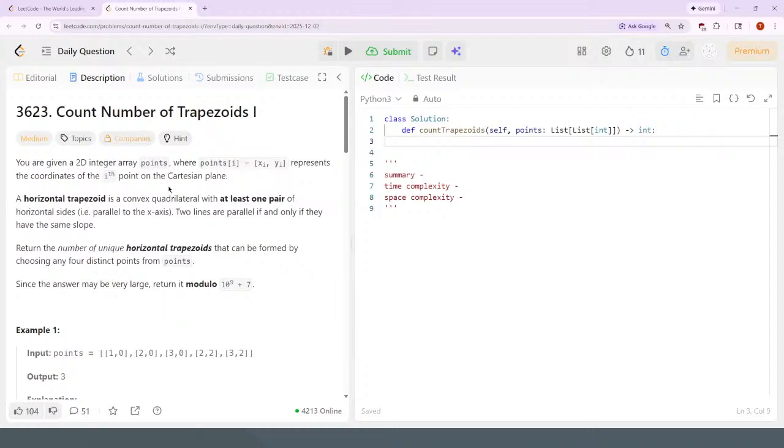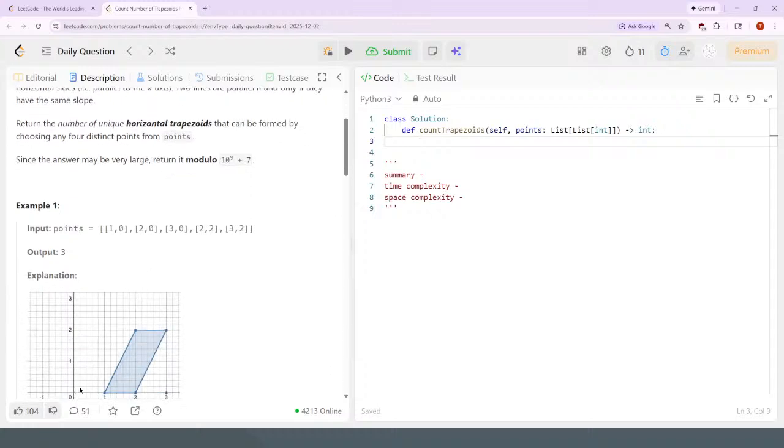And since these are integers, the y coordinate for the side is going to be the differentiator, maybe in addition to the side length. So maybe for each y coordinate, I see the number of horizontal sides that can be formed from it.